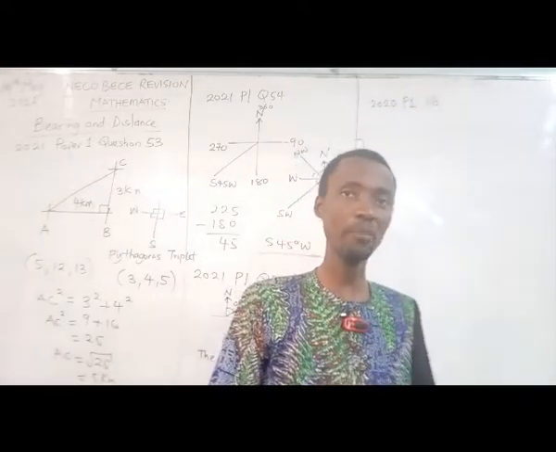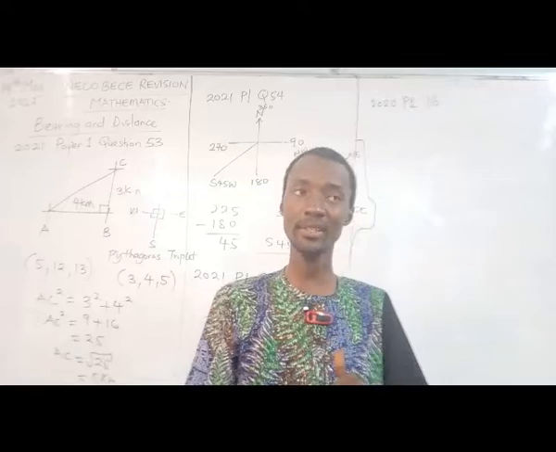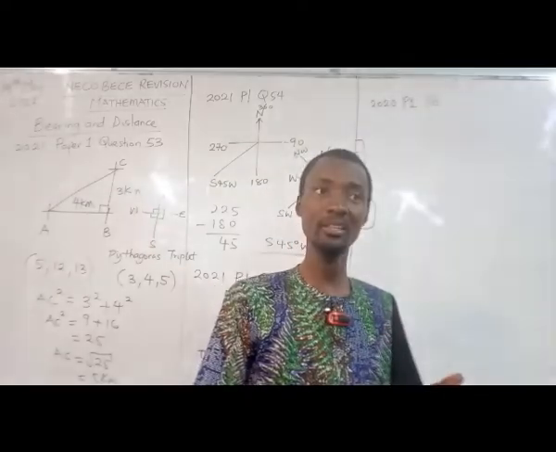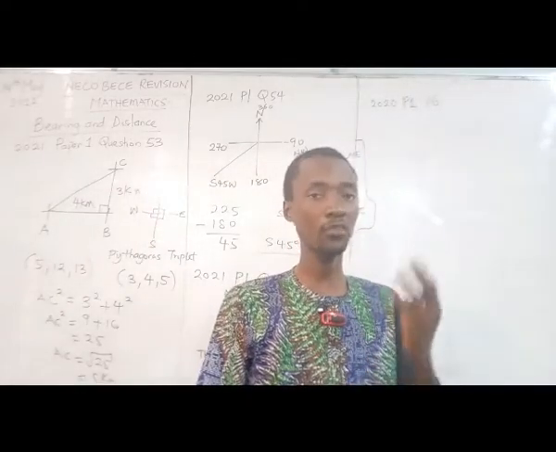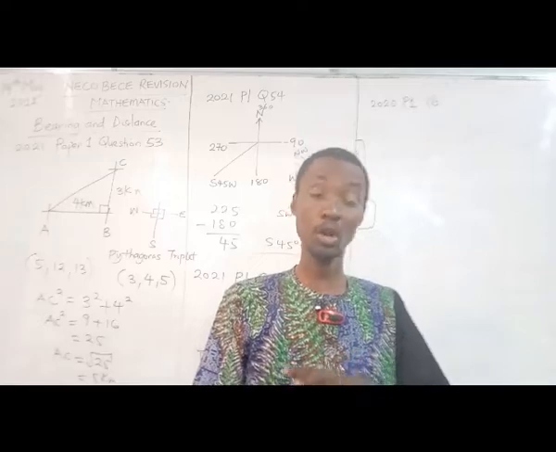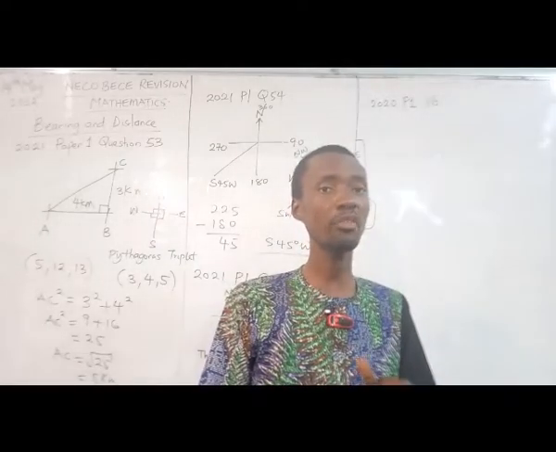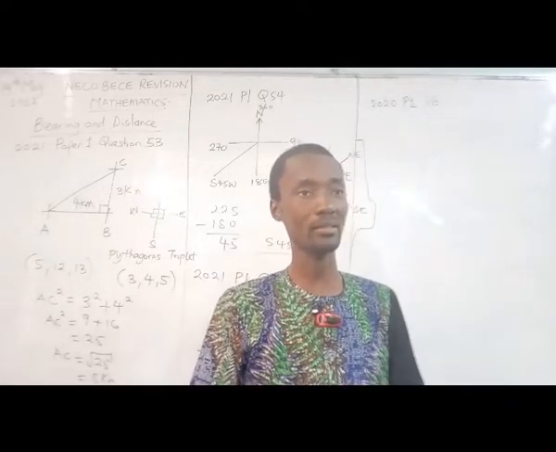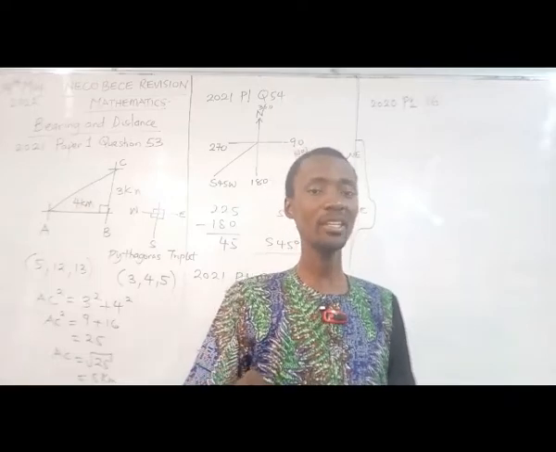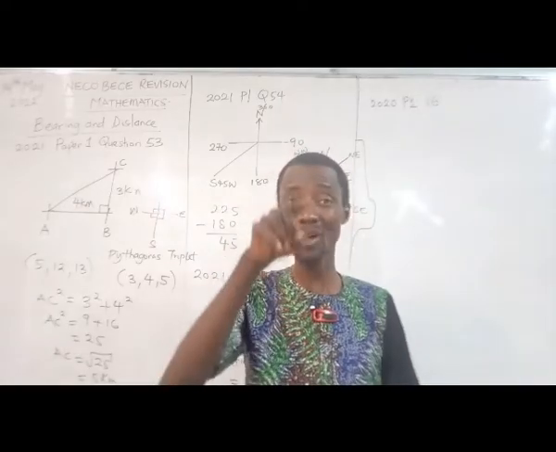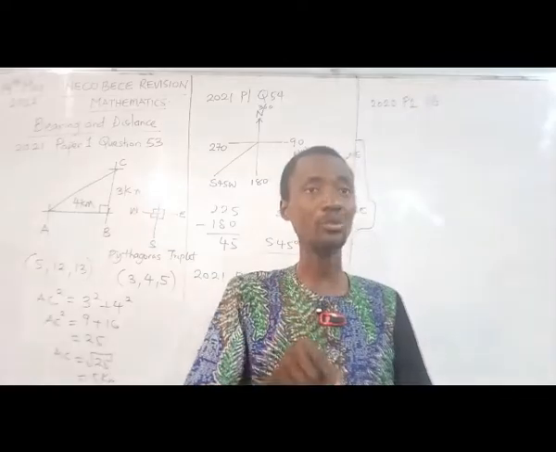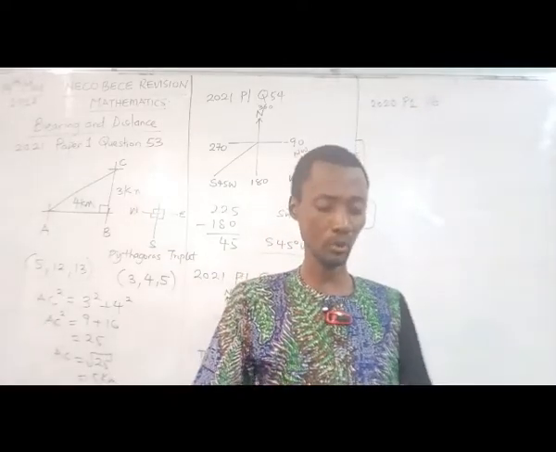So if you hear surveyor bearing, it's the same thing as 3-figure bearing. You also have another one, which we call the compass bearing. The compass bearing is the one that talks about north, east, west, south, northeast, and so on.